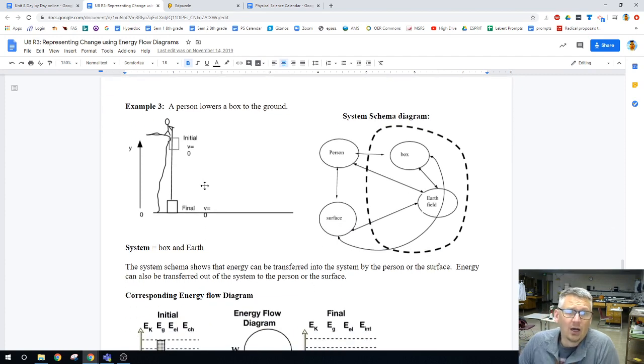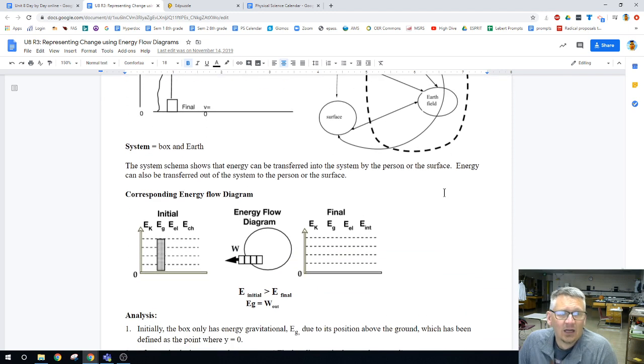Example 3. A person lowers a box to the ground, and the system is the box and the earth, with the person being outside and the surface being outside of the system schema, and the box and the earth on the inside. The system schema shows that energy can be transferred into the system by the person or the surface.